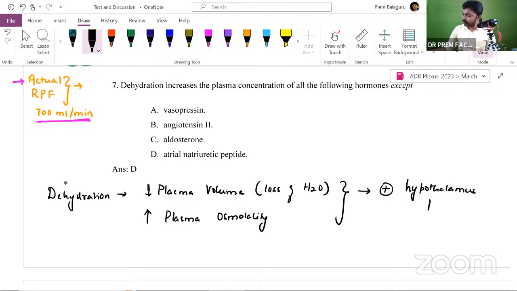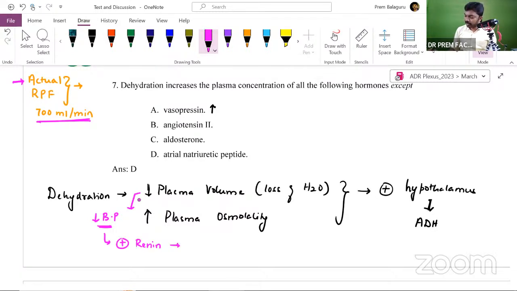When the thirst centers of the hypothalamus are getting activated, there is going to be production of antidiuretic hormone, that is vasopressin. So dehydration increases the plasma concentration of all. Definitely the value of vasopressin is getting increased, no doubt about it. With dehydration and decreased plasma volume, there is going to be a corresponding drop in blood pressure, and this drop in blood pressure is going to trigger renin.